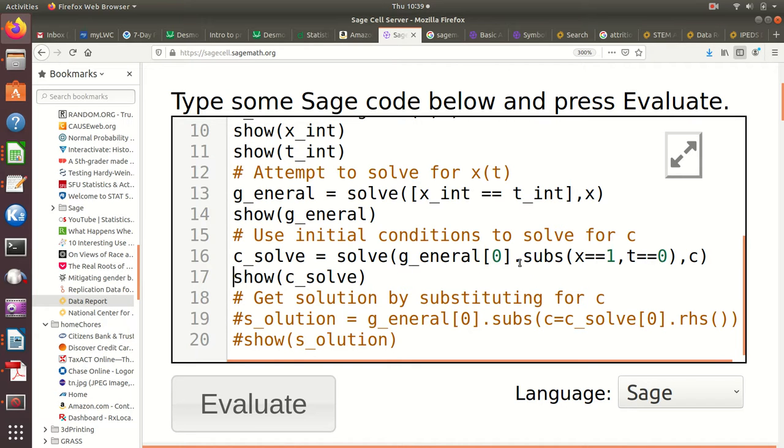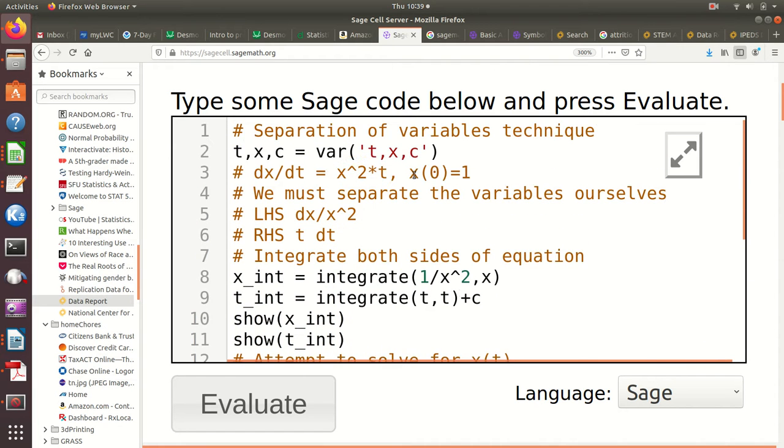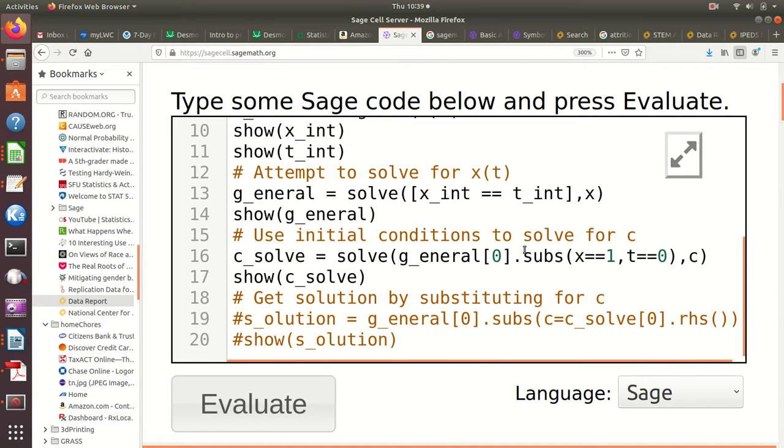So I do that, and then I need to substitute in my initial conditions. So I substitute in x equals 1 and t equals 0, because back here I had x of 0 equals 1. If I'd only needed the general solution, if I wasn't given the initial conditions, I could have stopped up here.